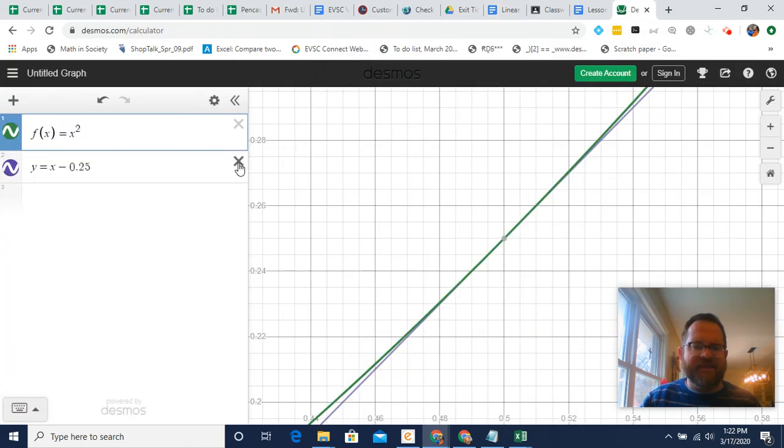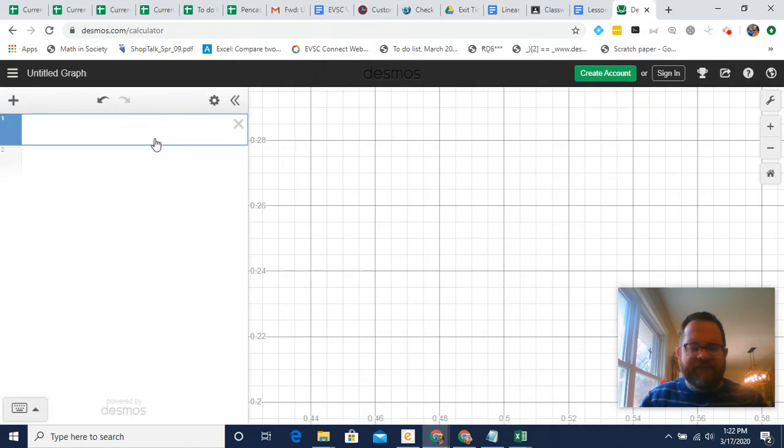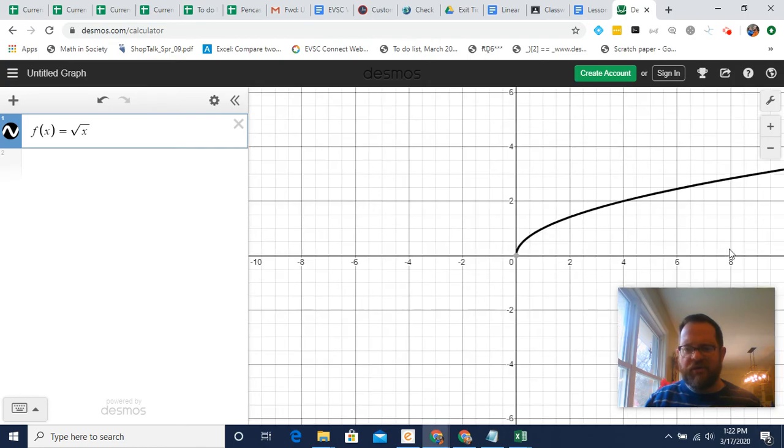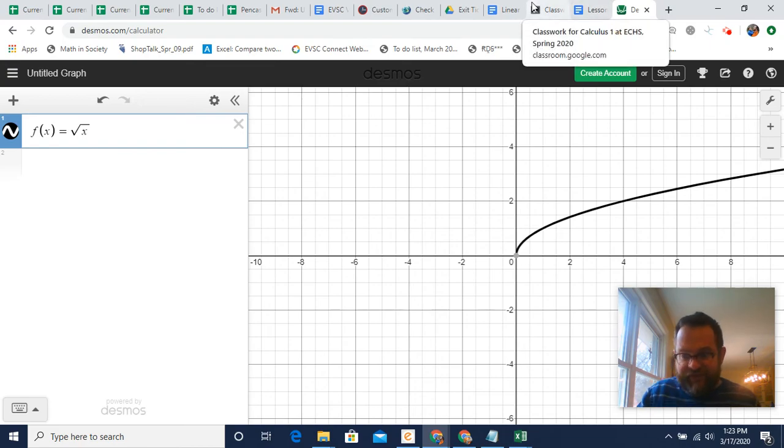Let's go plot that. F of x is equal to the square root of x. There it is. Okay, the truth of the matter is square root is a complicated thing to compute. If you needed to compute the square root of 9.1, which is what the problem is asking for, and you didn't have a calculator, or the calculator didn't have a square root button, this would actually be an incredibly complicated thing to do.